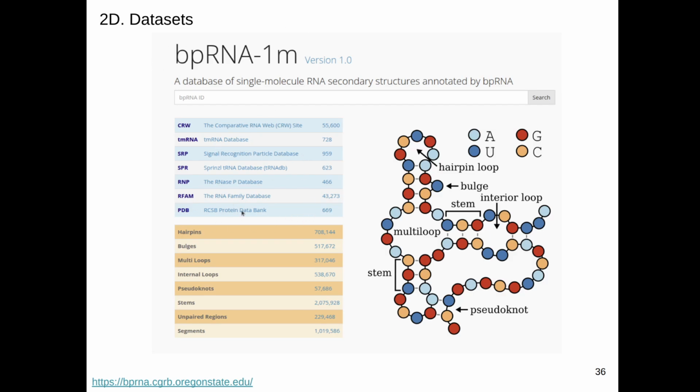Only in PDB do we derive secondary structure information from known experimentally determined 3D structures. So we experimentally determined a 3D structure, and then we annotated what secondary structure it represents. So we should believe only in these secondary structures, and all the others are just, well, the world is not perfect.